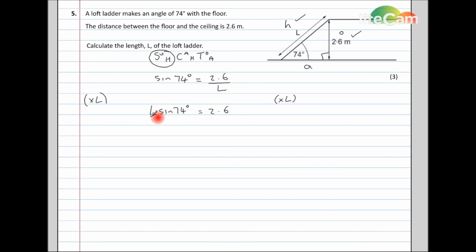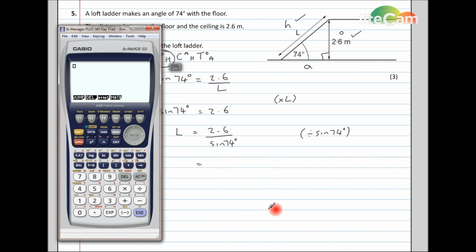Okay, we've still not isolated L, but we have got it off the bottom of a fraction. So now on this side we've got L multiplied by sine 74. So in order to get L on its own, we need to do the opposite of multiplying by sine 74, which is divide by sine 74. So we're going to do that to both sides, and we're going to get L equals 2.6 over sine 74.